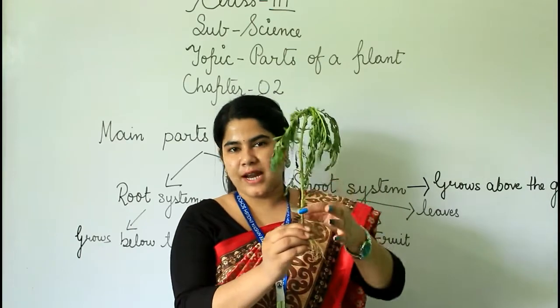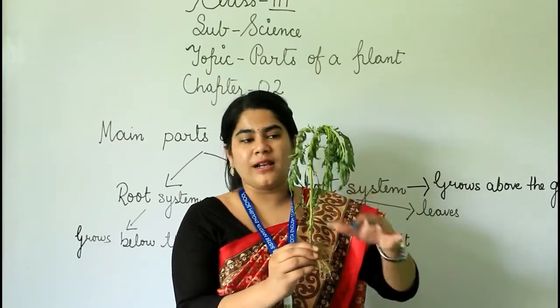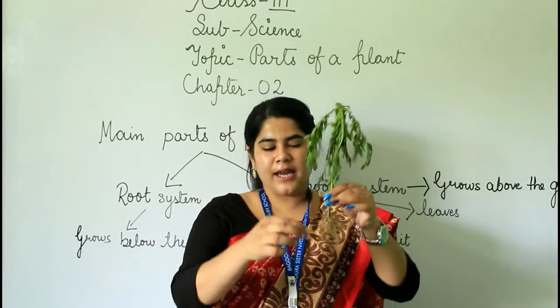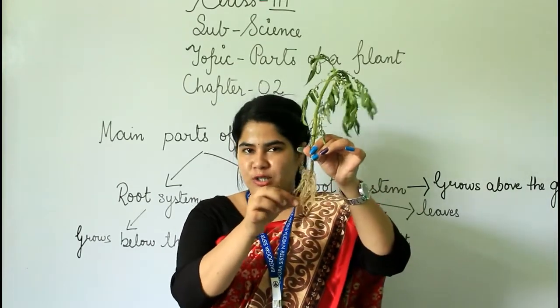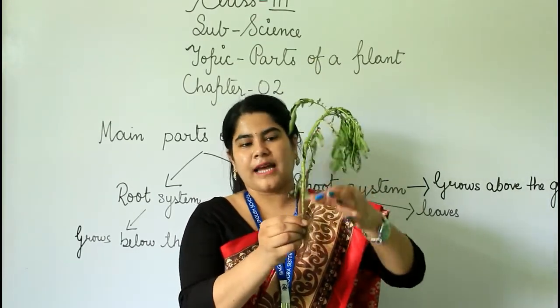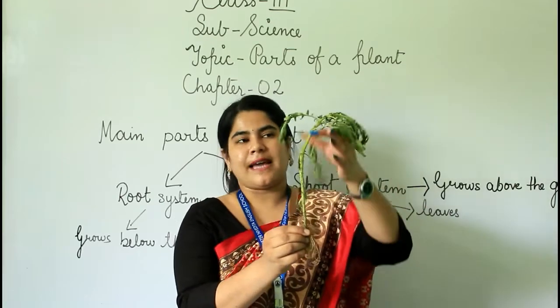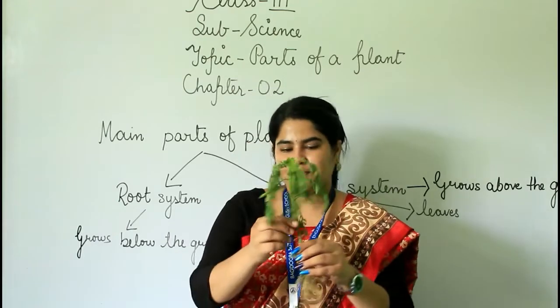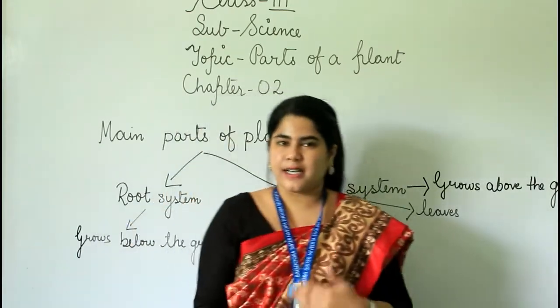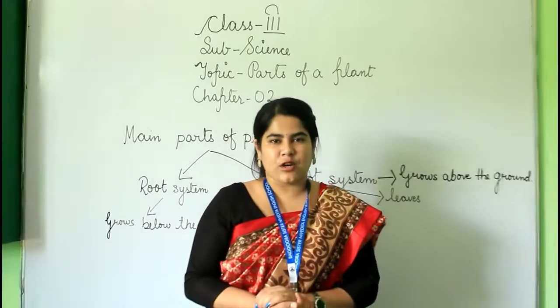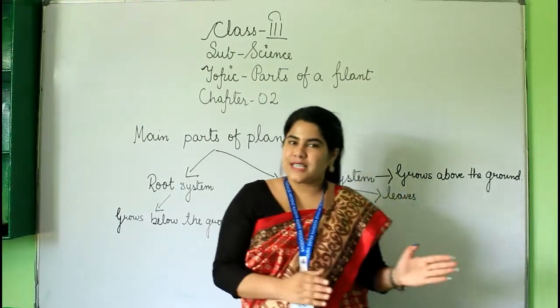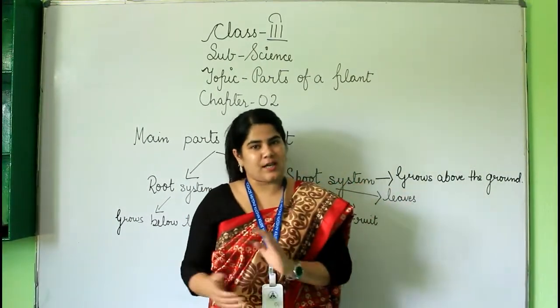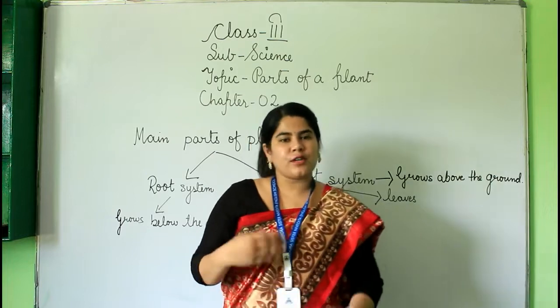These all parts, right? So these parts are called shoot system. Okay? So we have learned about the two main parts of a plant, that is root system and shoot system. Okay. So let's start with the root system.